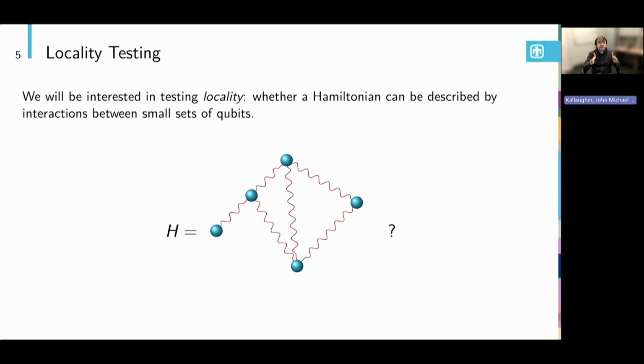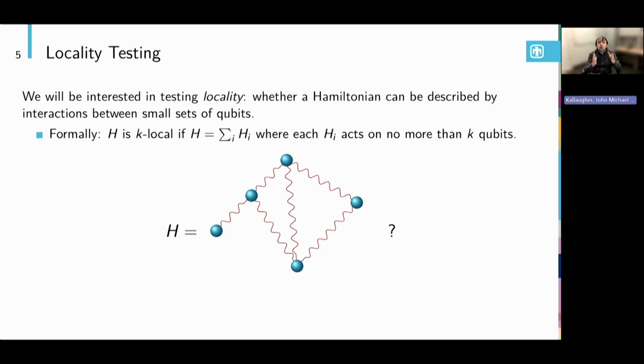Can the Hamiltonian H be described exclusively by interactions between small sets of qubits? More formally, we say that a Hamiltonian is k-local if it can be written as a sum of Hamiltonian terms, where each individual term acts on no more than k of the qubits and is the identity on every other qubit.